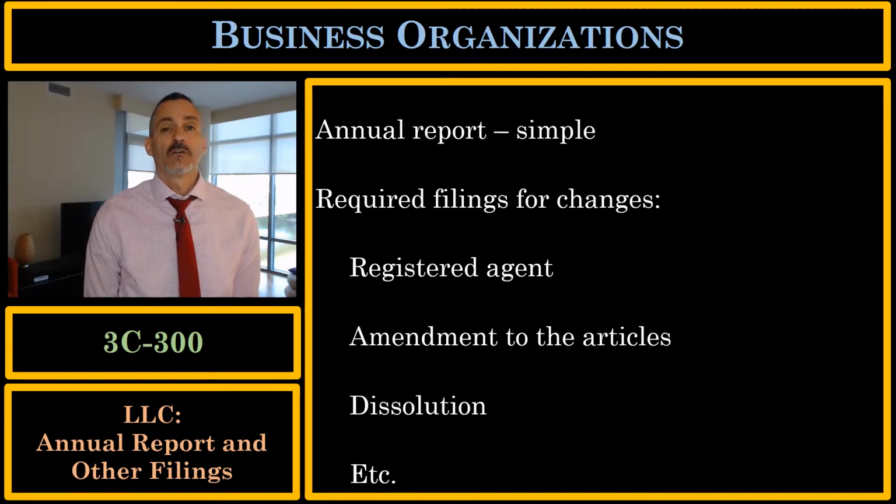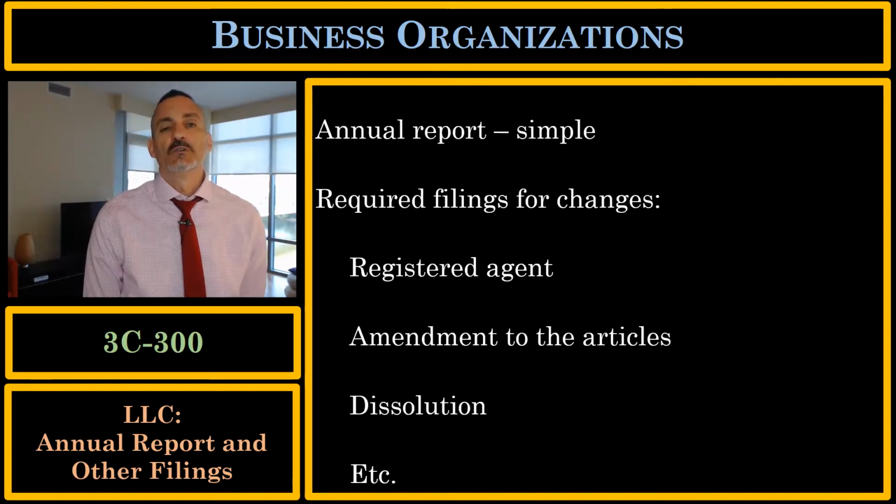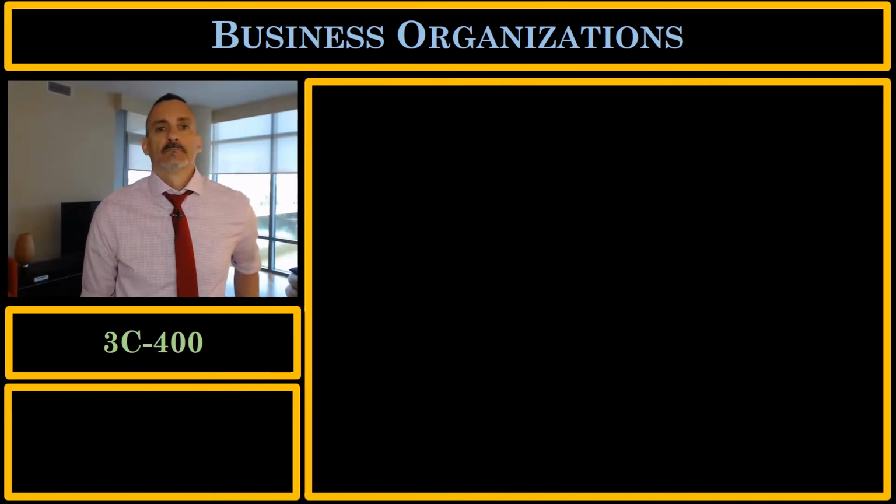There are other required filings when you are making some changes. For example, you can change the registered agent of your LLC, or amend the articles of organization of the LLC. If you're going to dissolve, etc., you have to make certain filings with the Secretary of State, just like we discussed when we discussed the corporation.